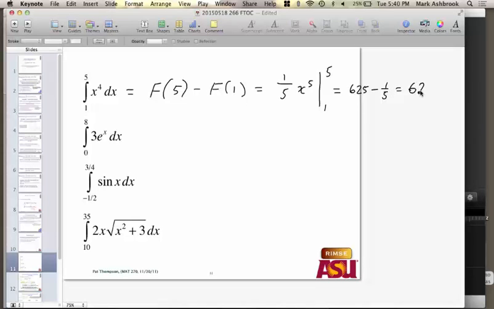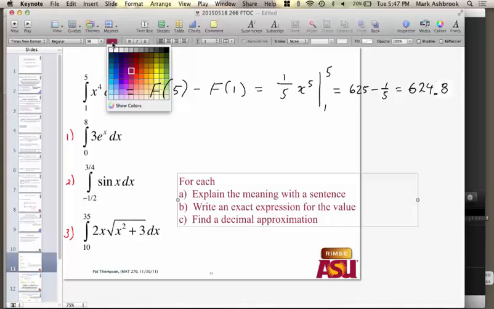So now 624 and 4/5, say 624.8. 624.8 means what? Is that a rate of change? 624.8, is that a rate of change? Is that a change in x?